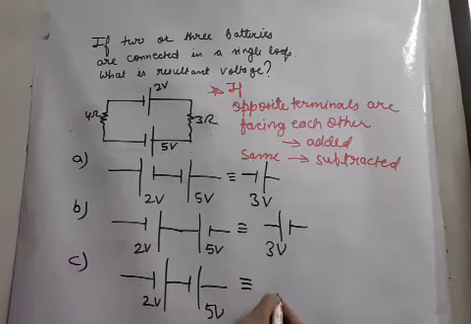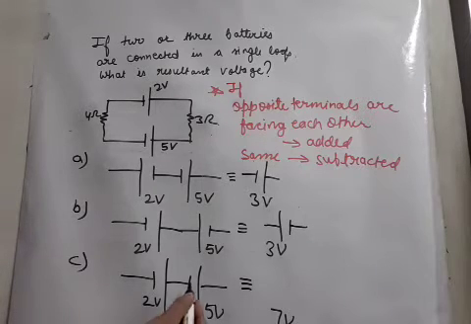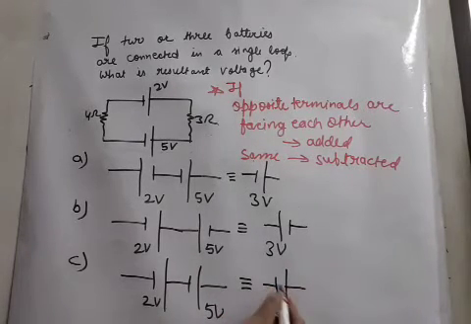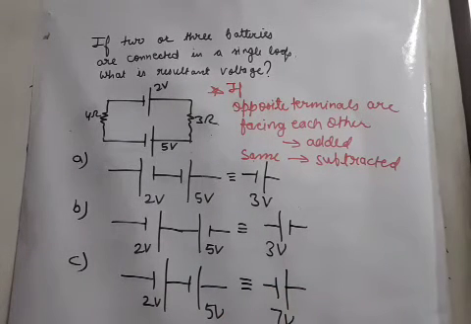So 2 plus 5, 7 volt is the answer. And again we have to go according to the bigger battery out of the two. The bigger battery is this, so the answer is drawn like this. The terminals are drawn like this.